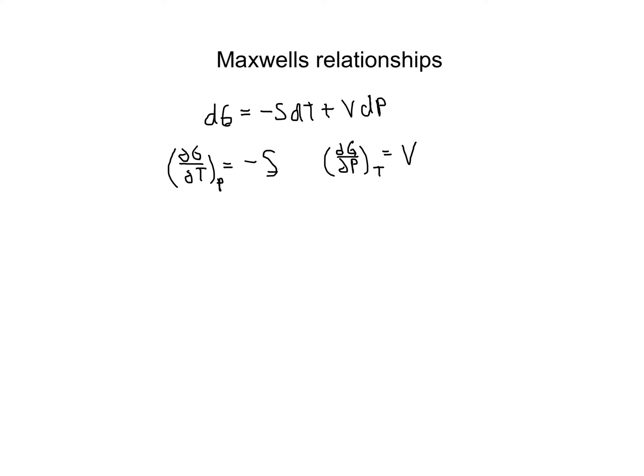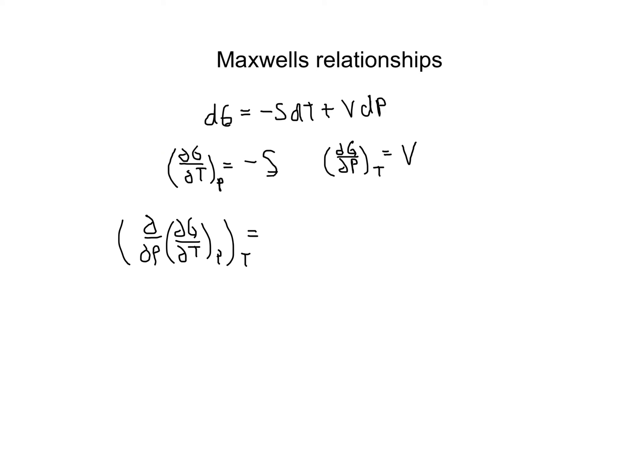Now, I want the mixed second order partial derivatives, and so I need to take the derivative of these first derivative expressions, but change the variable that I am taking the derivative with respect to. So in the second expression, I will now take the derivative with respect to temperature, and in the first expression, I'm going to take the derivative with respect to pressure of the derivative of G with respect to T at constant P. The second derivative will be at constant temperature.